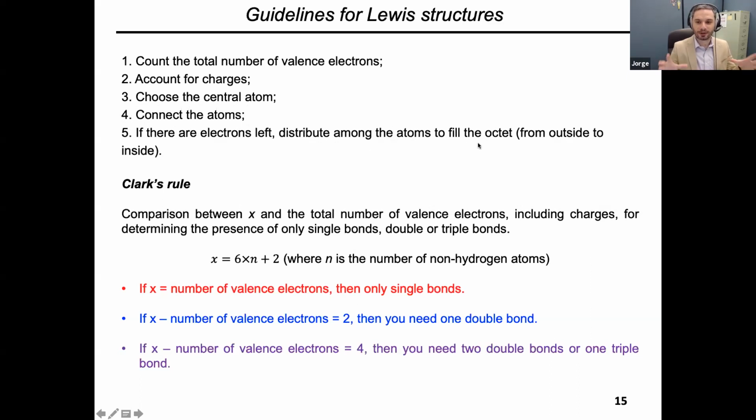We are going to start from the atoms on the outside of the structure, moving to the central atom. And remember, our goal is to have 8 electrons in the valence shell for all the atoms, except when we have hydrogen. For hydrogen, 2 electrons is all you need to achieve stability.